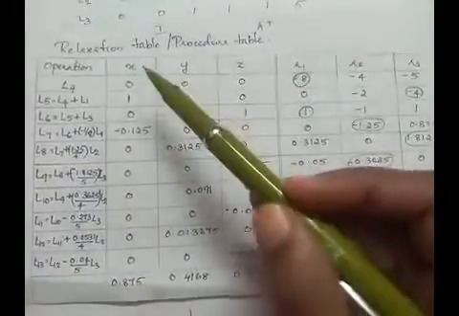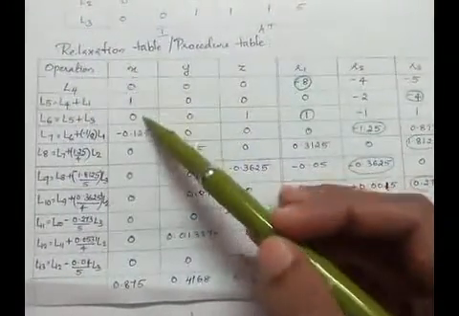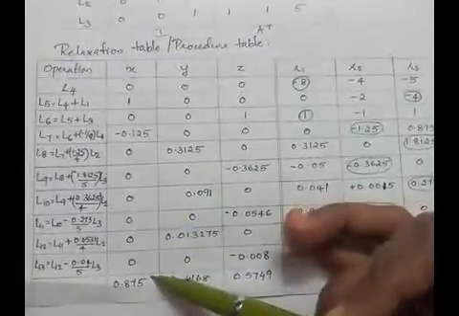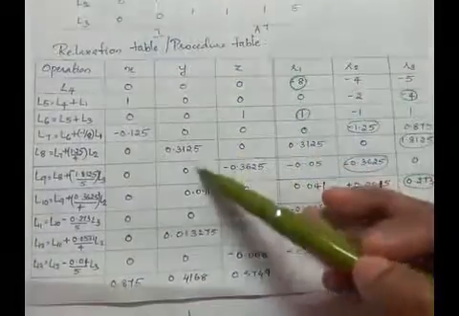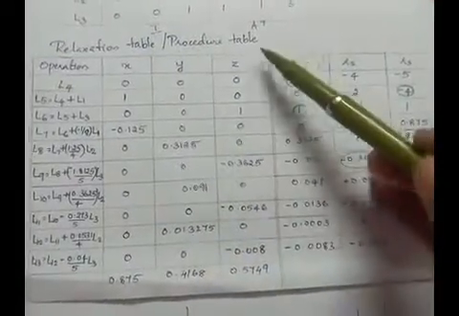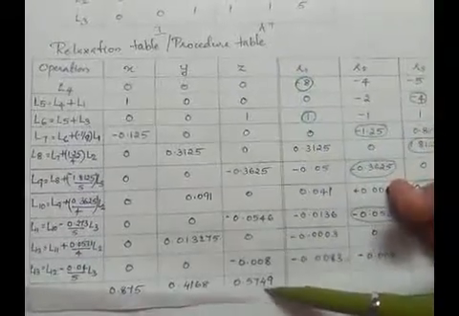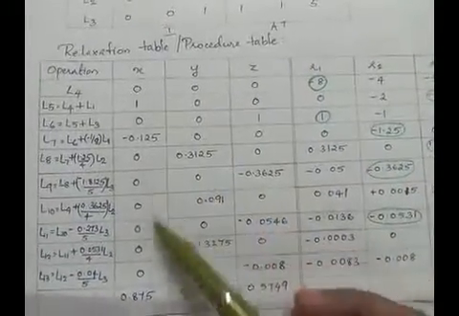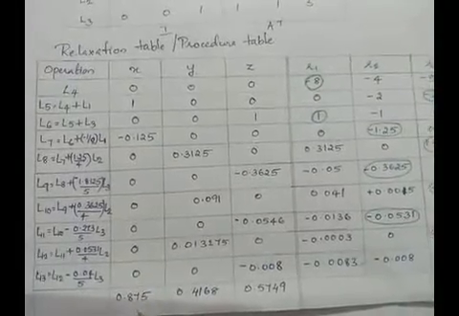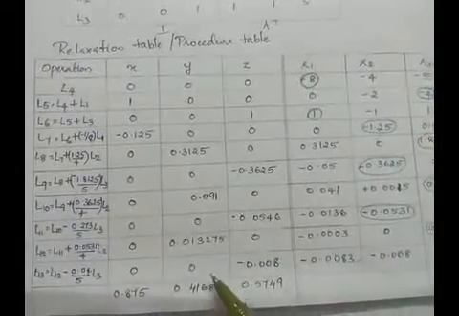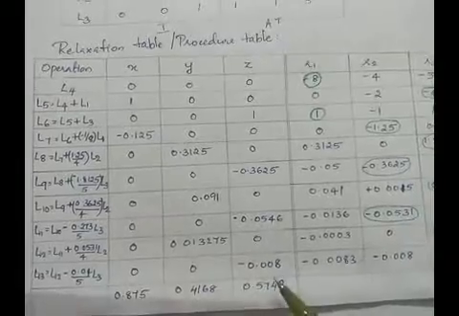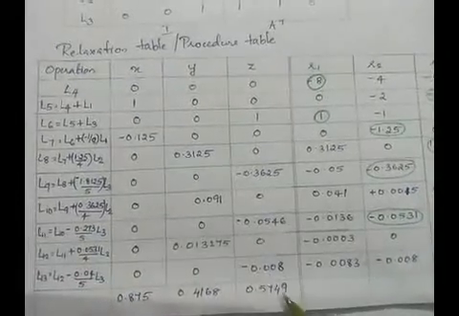The solution is obtained by adding the values in the corresponding variables. The x value will be obtained by adding the values in this column, the y value by adding the values in this column, and z by adding these values. After adding the values, I have got the solution as x equal to 0.875, y equal to 0.4168 and z equal to 0.5749.